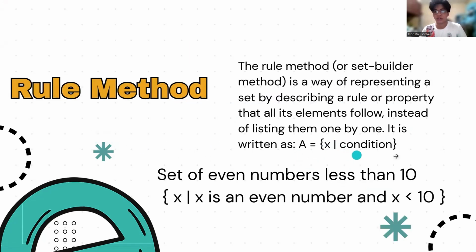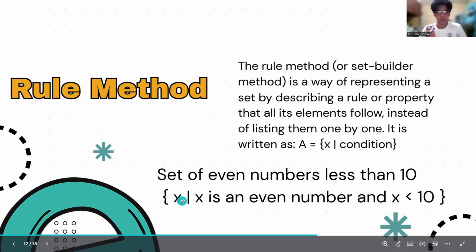So X such that the condition. The condition depends on what the set asks. So, set of even numbers that are less than 10. X such that X is an even number that is less than 10.